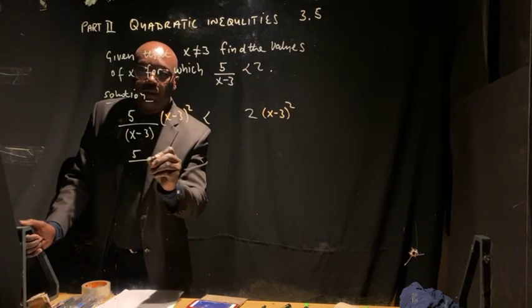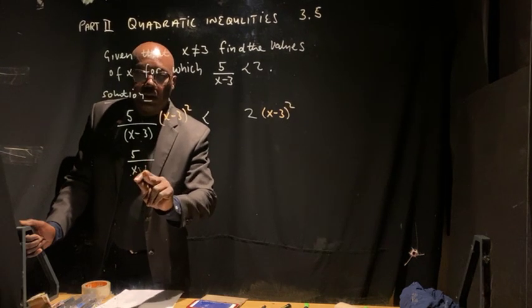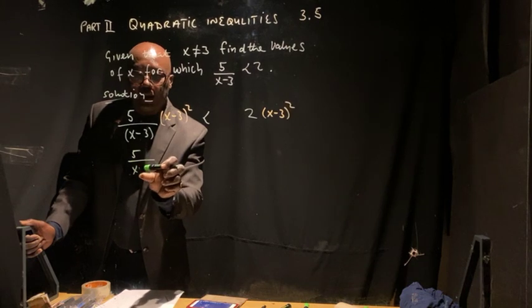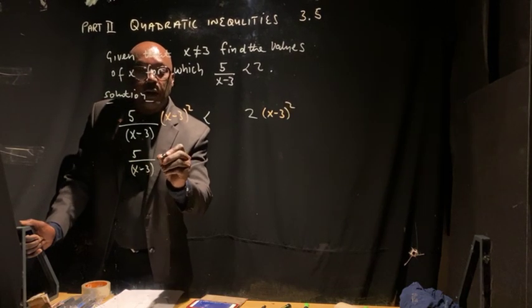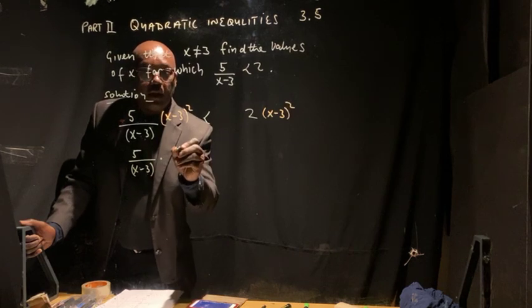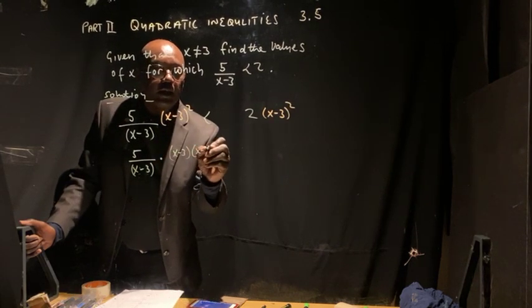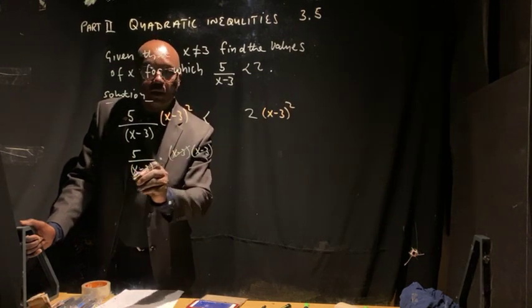So it becomes x minus 3. I mean, nothing should be taken for granted. We have x minus 3, x minus 3, which is x minus 3 squared. This one will cancel this one.